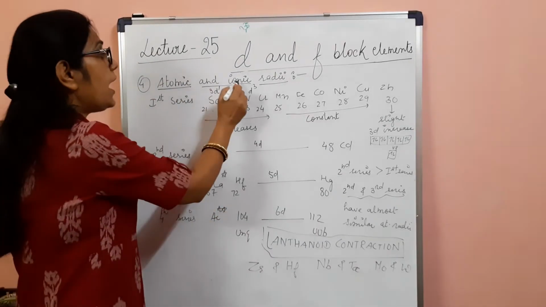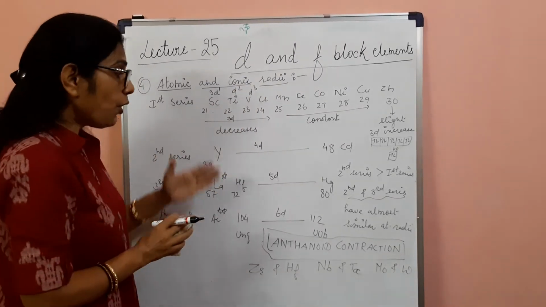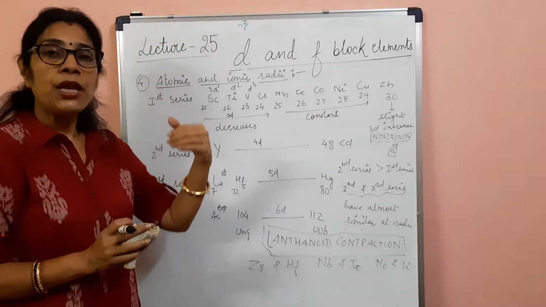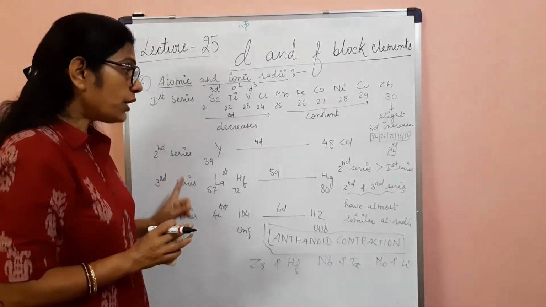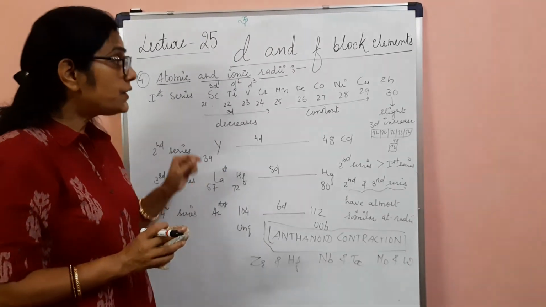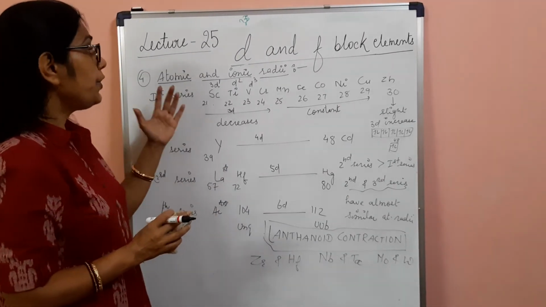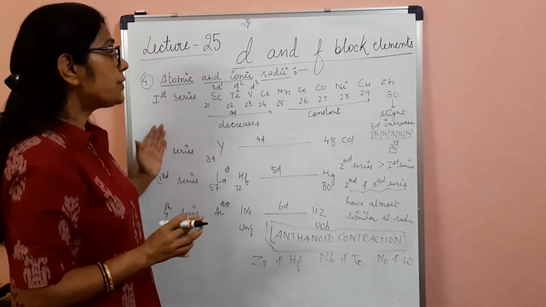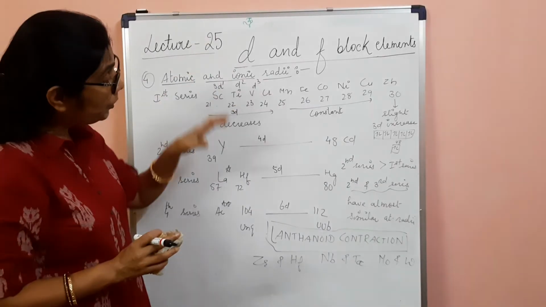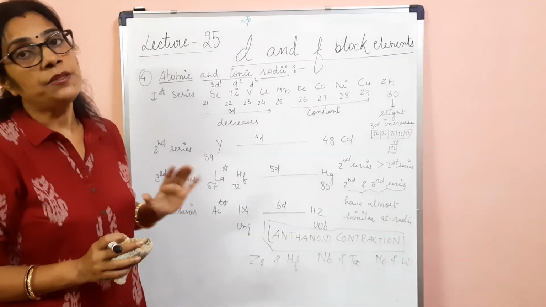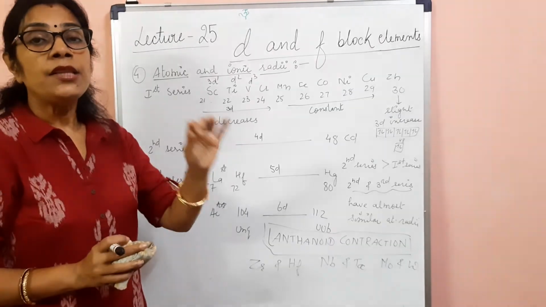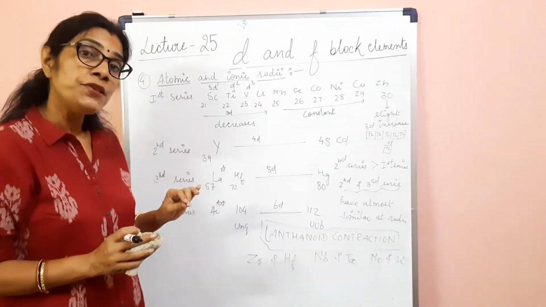And so far as ionic radii is concerned, for the same oxidation state, either you consider +2, +3, whatever, ionic radii follow the same pattern as that of atomic radii. That means across the period, ionic radii would also decrease, and on going down the group, ionic radii is going to increase. But remember, their oxidation state should remain the same.